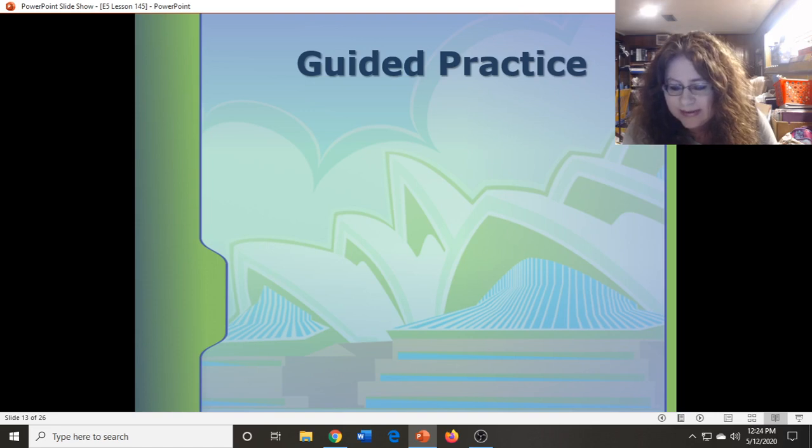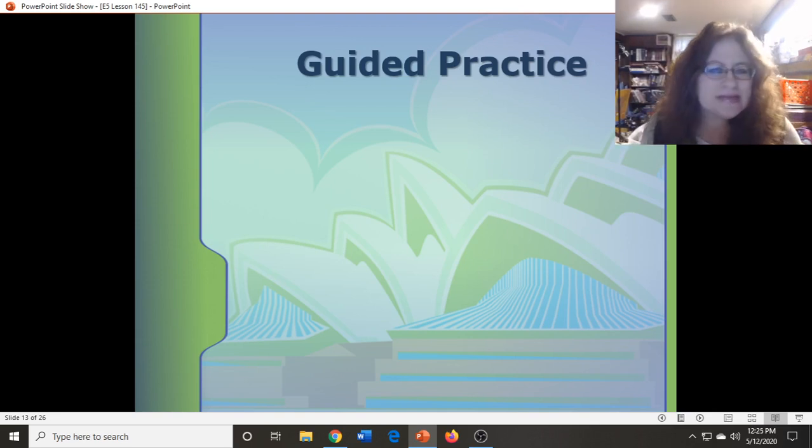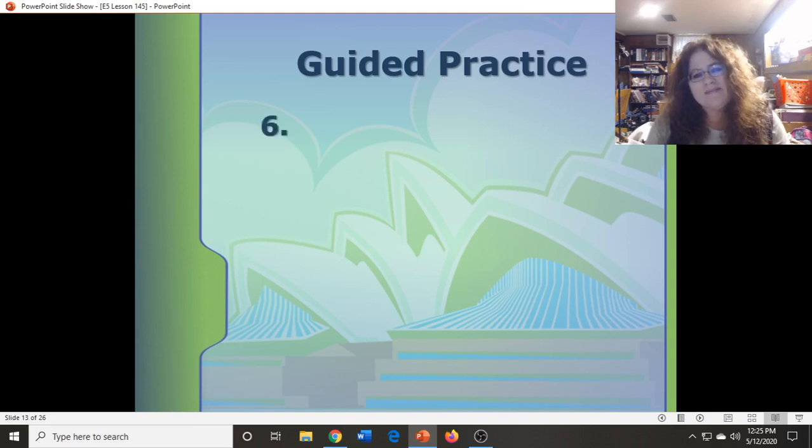So for number 6, we have, the tomb was being built, 20,000 people worked on it. So you're going to try to think of a way to combine these two sentences using a subordinating conjunction. So go ahead and look at that. Look at your subordinating conjunctions. And you should write something like this.